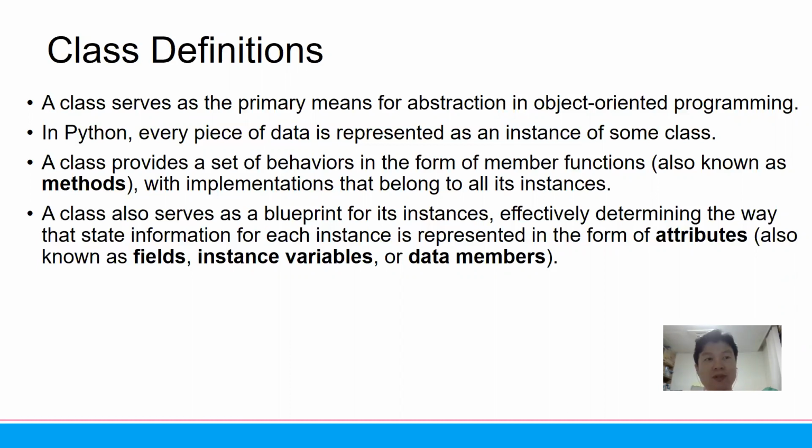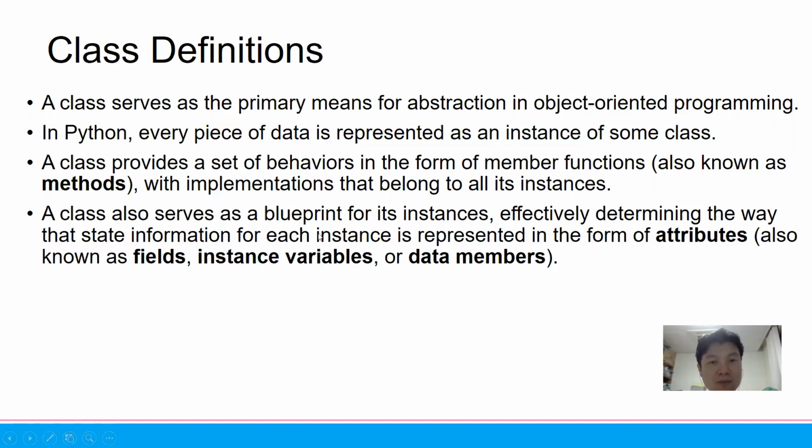So later we will learn that when you have a class, you will create an instance. A class provides a set of behaviors in the form of member functions. We have methods. Okay, the first method we have is say hi, and the implementation shall belong to all its instances. So once you create one instance, then the instance can access all the methods.